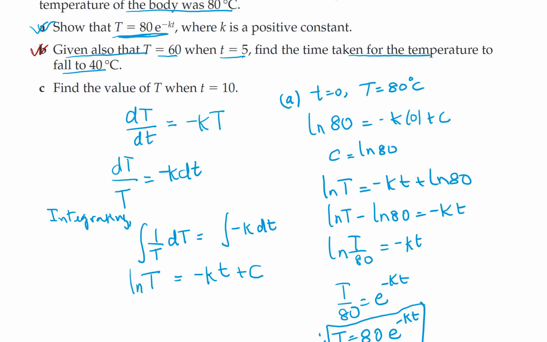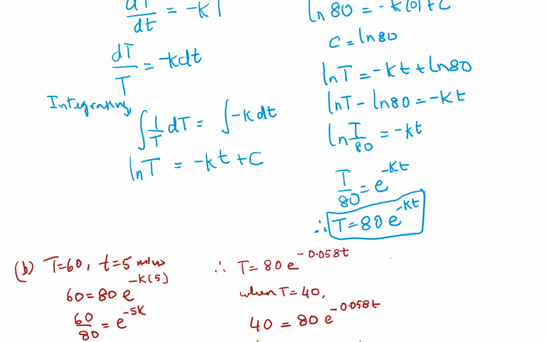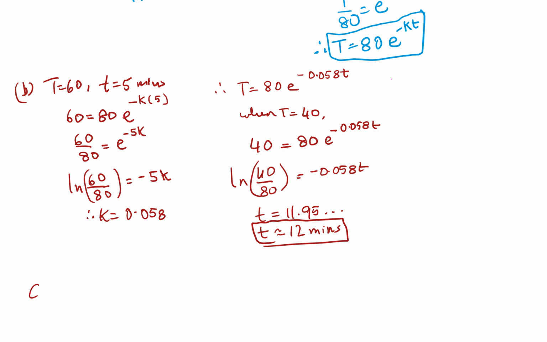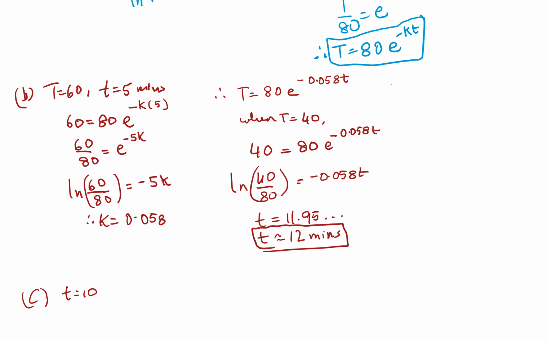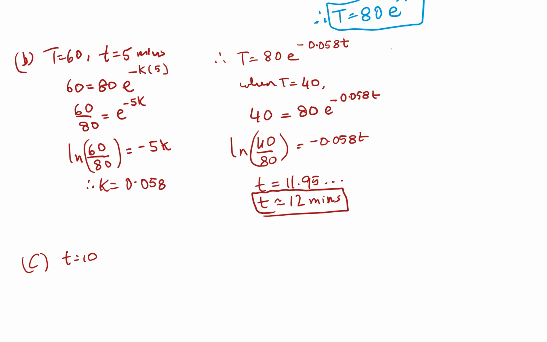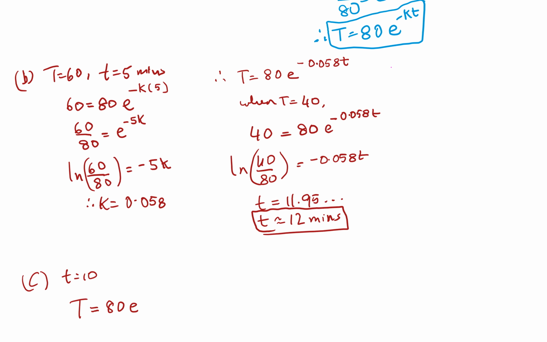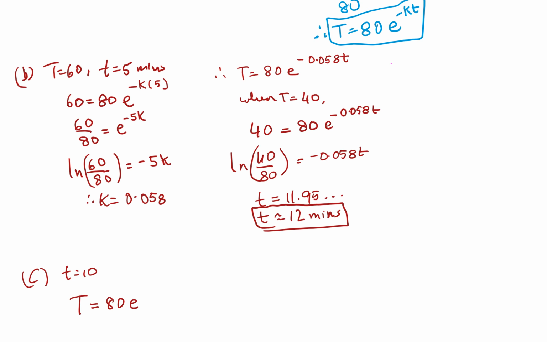Then we move on to the C part. Find the value of the temperature when time is 10. So once again, t is 10. So we can write T is equal to 80 times e to the power minus kt. We know what k is, 0.058, and we multiply it with 10.